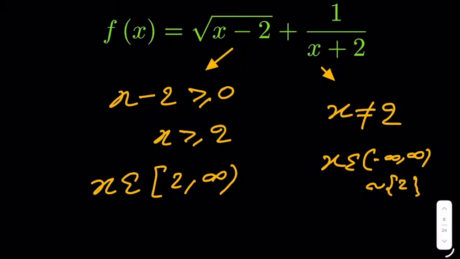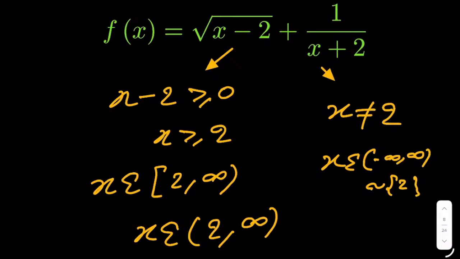So the common part of these two is simply open interval 2 to infinity. So again, none is the correct option. Clear or not?